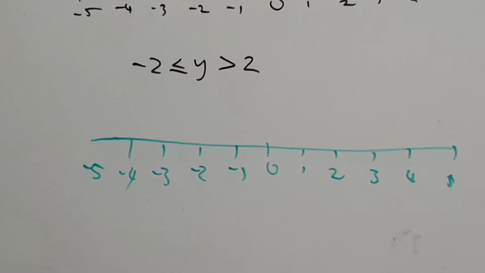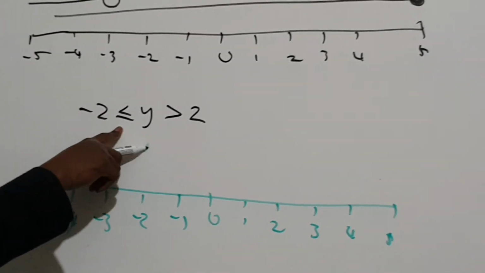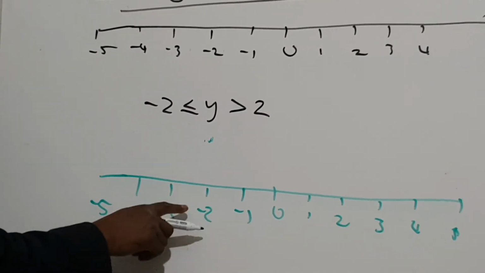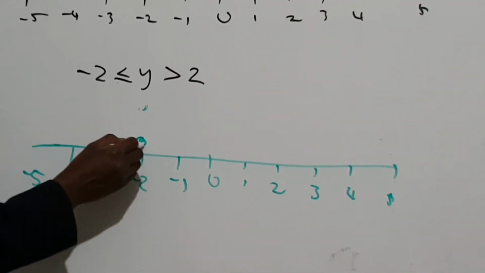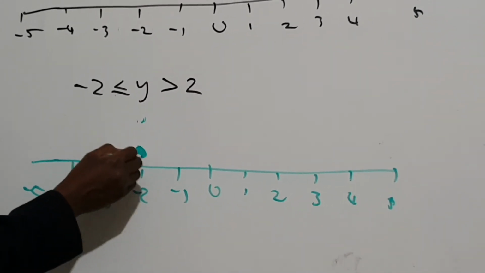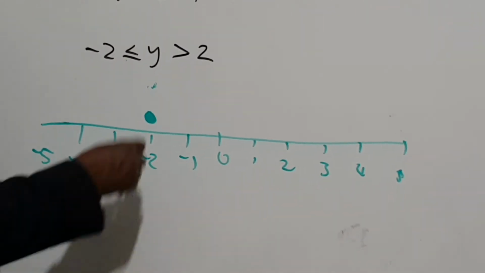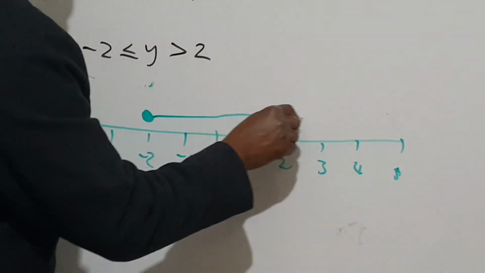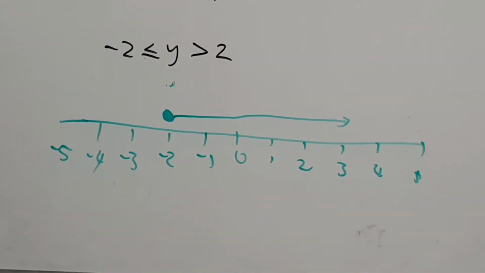First of all, our y is greater than or equal to, so it must be a shaded circle. We look at our minus 2. Since there's an equal sign here, our circle will be shaded. If it is greater than minus 2, the tail must point that way. Now we identify our 2.